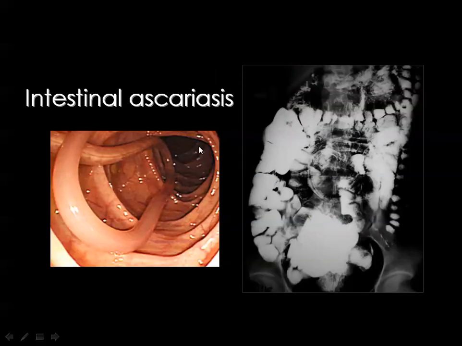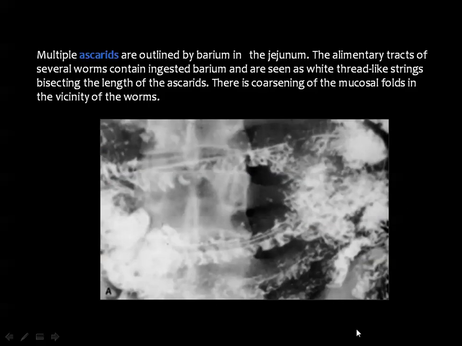And this is an endoscopic image of an Ascaris worm in the small bowel, and you can see here this is an Ascaris worm in the small intestine as well. And this is a magnified view of some of the intestinal loops showing too many Ascaris worms, and you know that Ascaris worm can swallow the barium, and the barium will appear as an opaque line within the negative shadow of the worm itself.